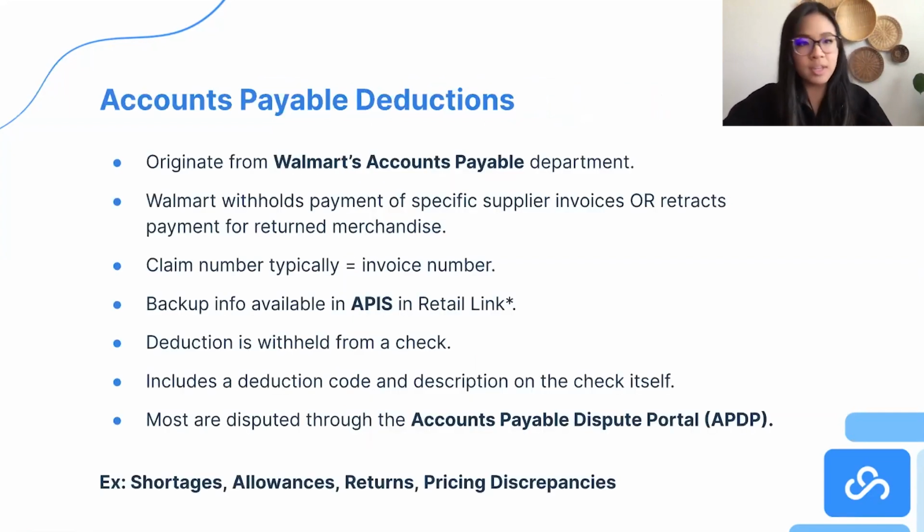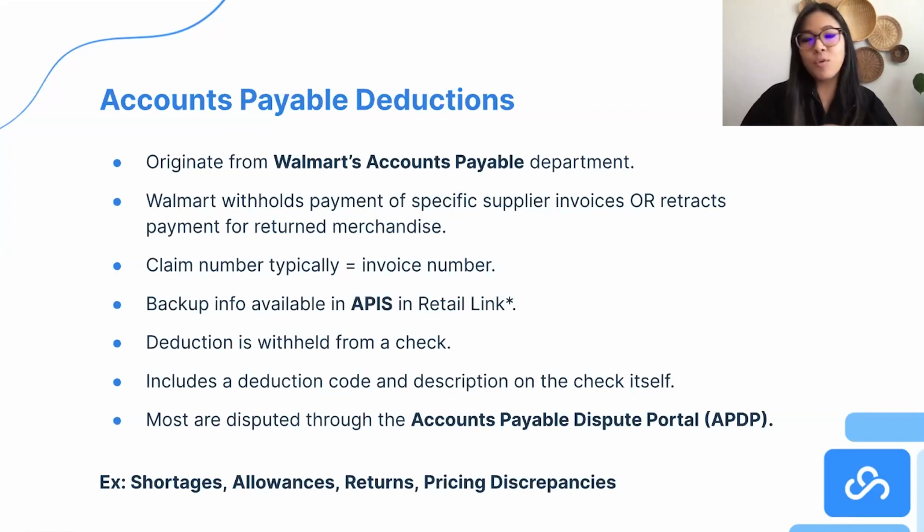The first one is the accounts payable deduction. It's going to originate from Walmart's accounts payable department. At a high level, the definition of an AP deduction is that Walmart will withhold payment of specific supplier invoices or retract payments for returned merchandise. In layman's terms, you are invoicing Walmart for an order they placed with you.